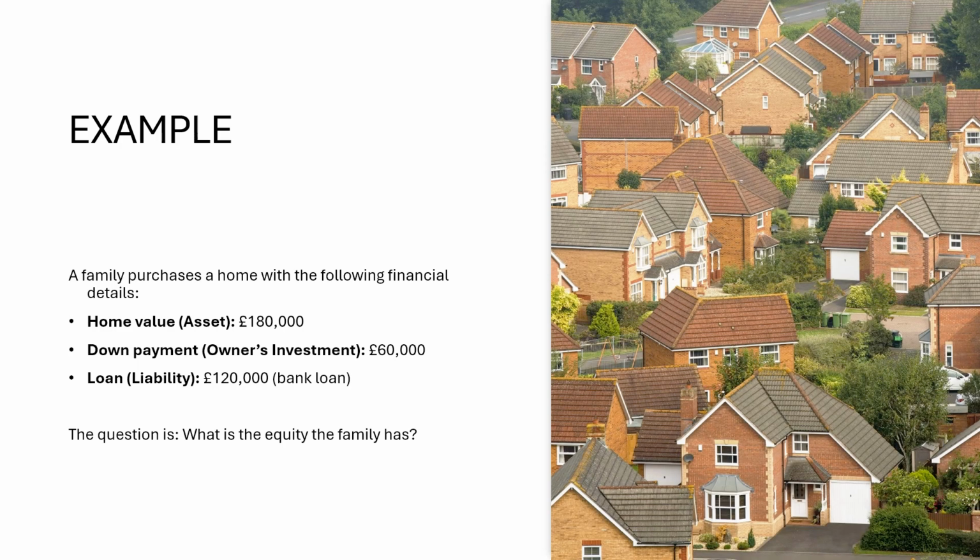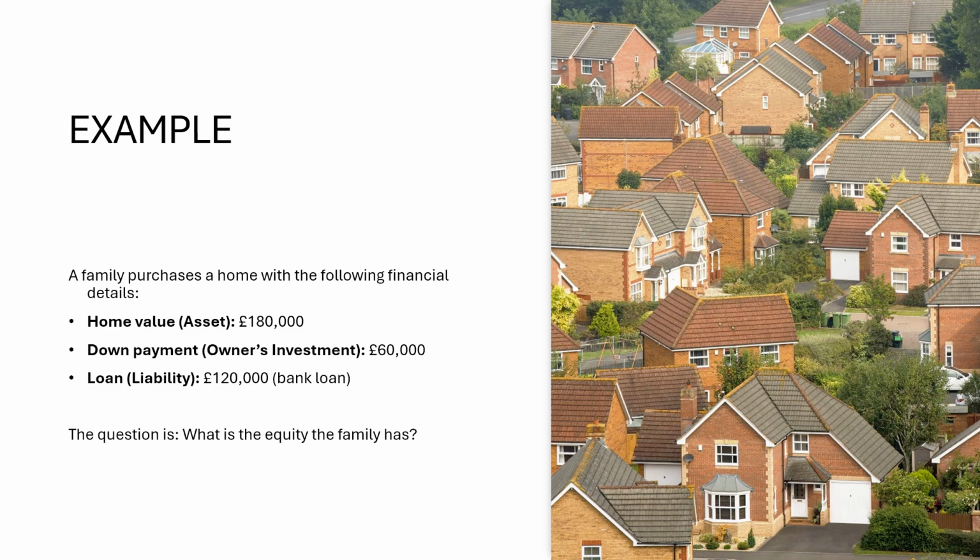This example shows a real-world example of equity in home ownership, demonstrating the concept of equity using a property purchase scenario. A family purchases a home with the following financial details. The home is valued as an asset at £180,000, and the down payment, which is the deposit the owner put into the home, is £60,000.